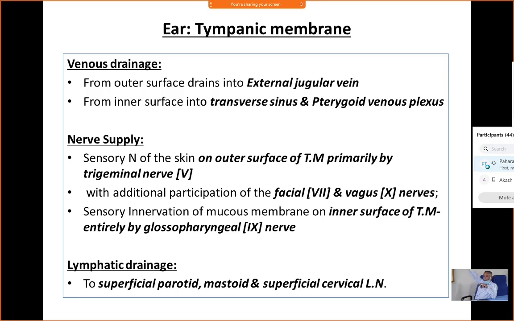Sensory innervation of the mucous membrane, that is the inner surface towards the middle ear cavity, is mainly by the glossopharyngeal nerve. It is entirely glossopharyngeal. So the medial surface is supplied by the glossopharyngeal, while the lateral surface is mainly by the trigeminal, supplemented by the facial and vagus. Lymphatic drainage is to the superficial parotid, then mastoid and superficial cervical group of lymph nodes.